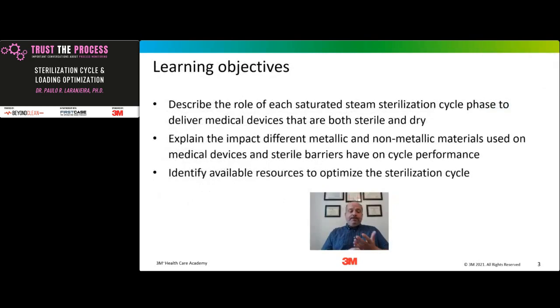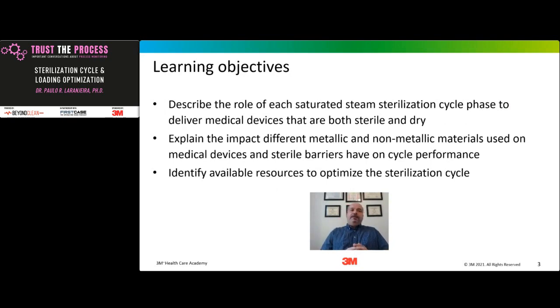Okay, so today, on sterilization cycle and loading optimization, the learning objectives are to describe the role of each saturated steam sterilization cycle phase to deliver medical devices that are both sterile and dry. Those are the true requirements that we have. We need to sterilize, and at the end of sterilization, it needs to be dry. And how each phase can be optimized to meet those two goals.